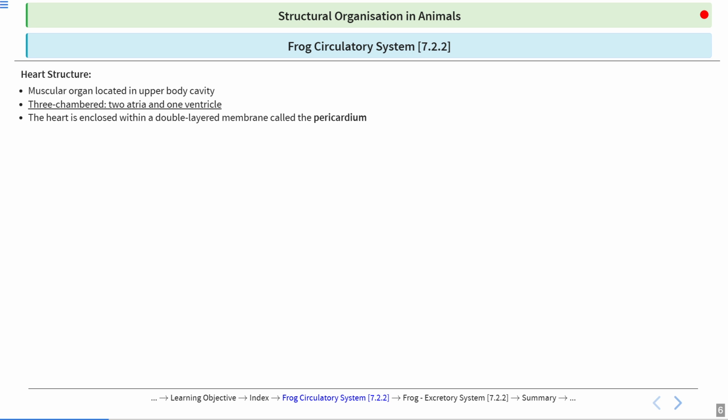That is called pericardial fluid. Every delicate organ has some liquid substance. In the brain also, there is cerebrospinal fluid between the meninges and the brain.